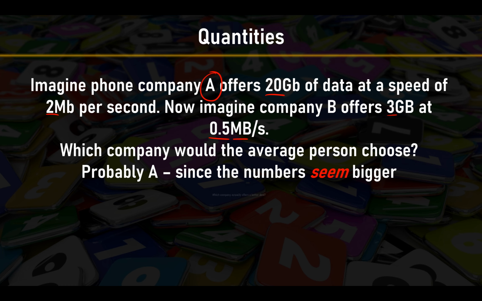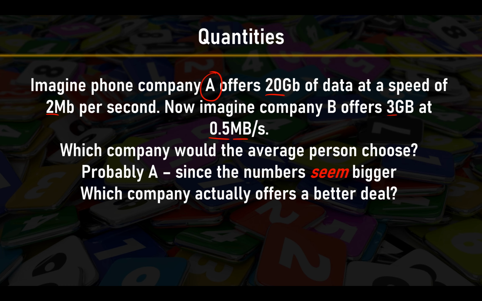But if we actually think about it, which company actually offers a better deal? Here we can just convert this, and remember that to go from bytes to bits, we multiply by 8. So 3 times 8 is 24, so this will be 24 gigabits. Then 0.5 megabytes, let's multiply that by 8, that's going to be 4.